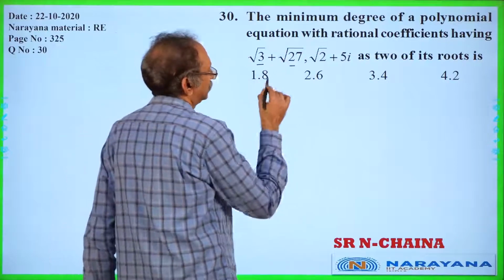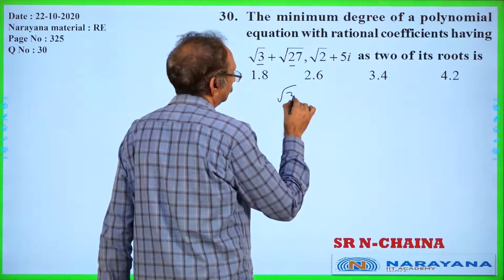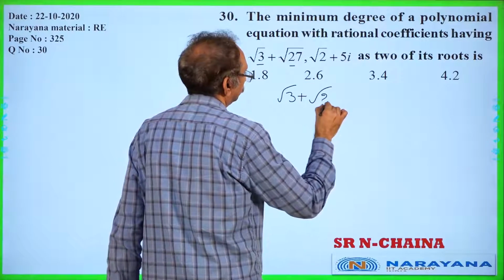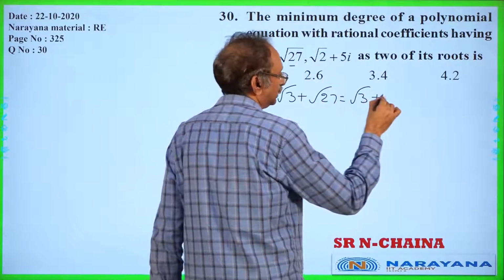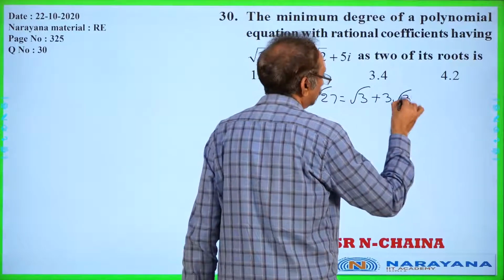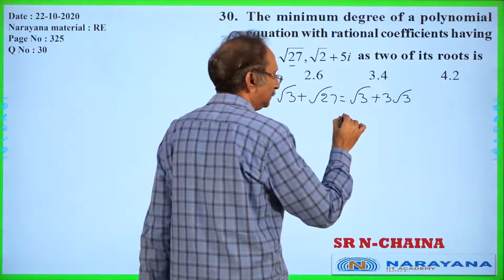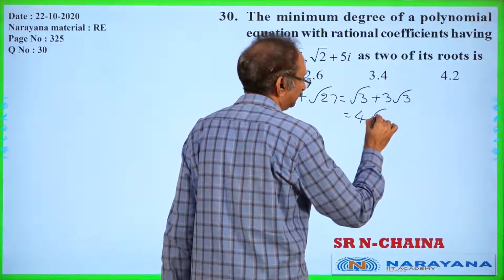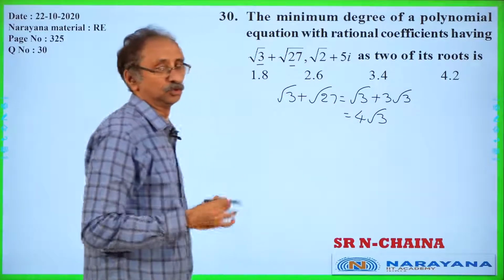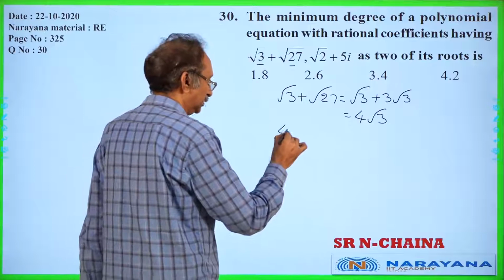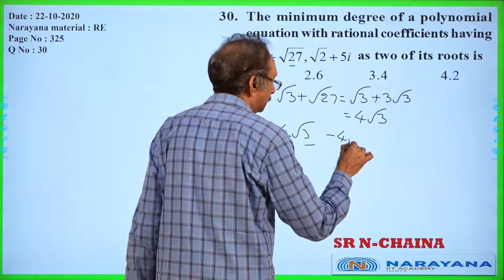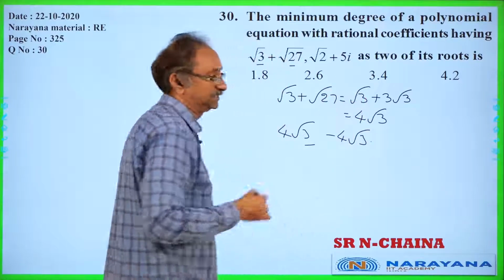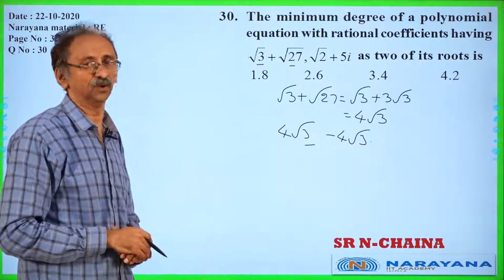See, these are like surds. Root 3 plus root 27 means root 3 plus 3 root 3, that is 4 root 3 only. So to get rational coefficients, if one root is 4 root 3, then the second root is minus 4 root 3. That is enough. Definitely you will get rational coefficients.